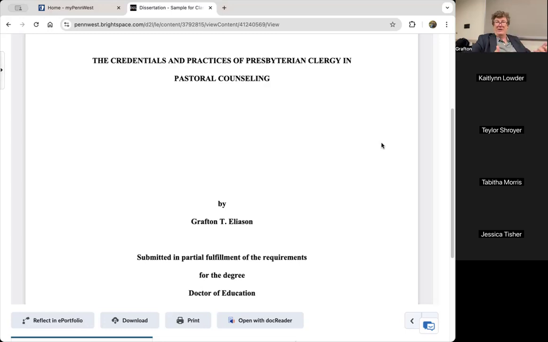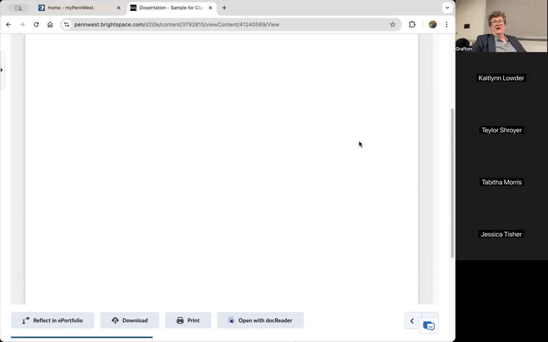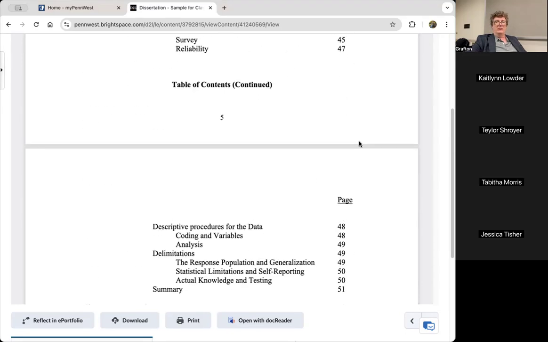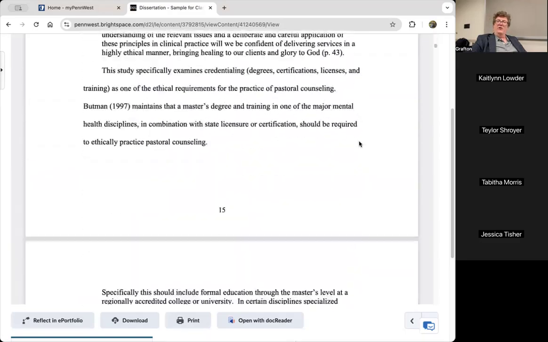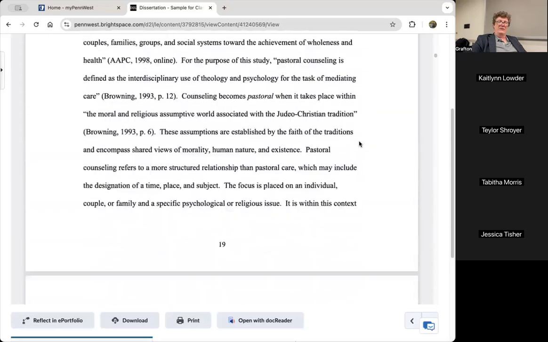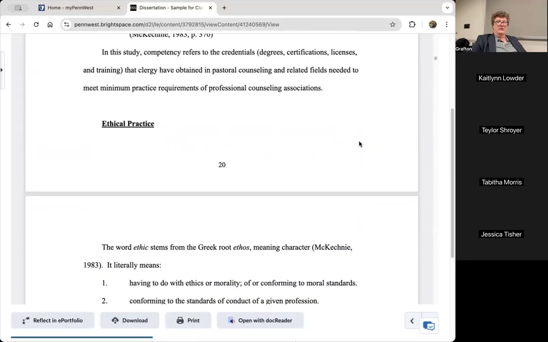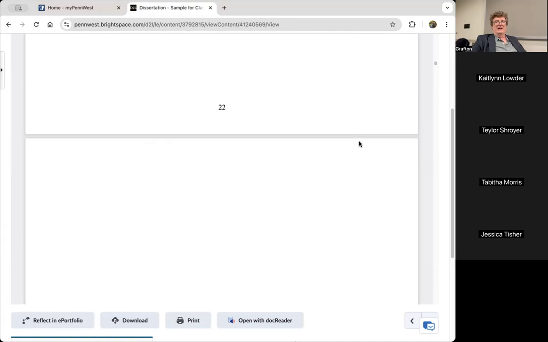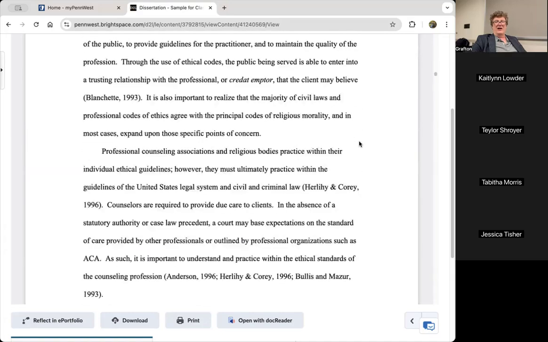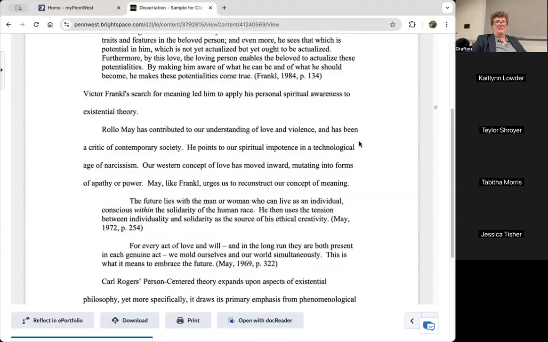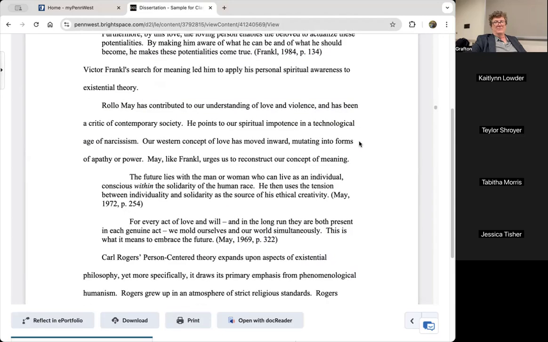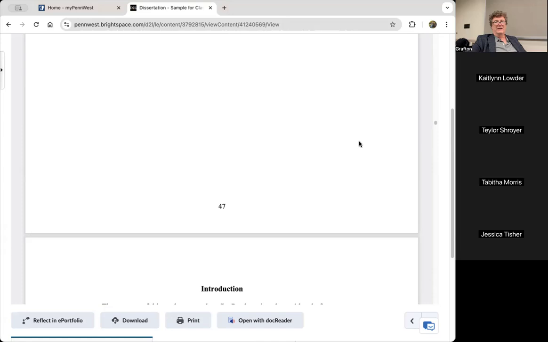How am I going to help people understand this data easily? And that's usually done through tables and charts. We can just talk about a few of the different ones, and you can usually see some of the different types in the dissertation sample I gave you. There's a lot of different ones in there. And yeah, I just want to give you some examples.